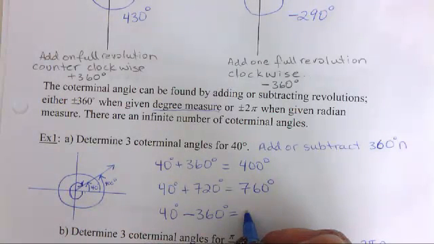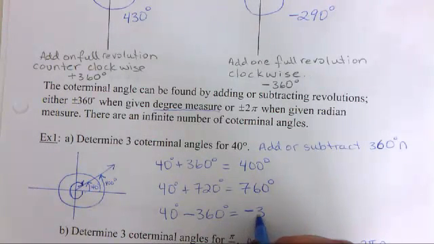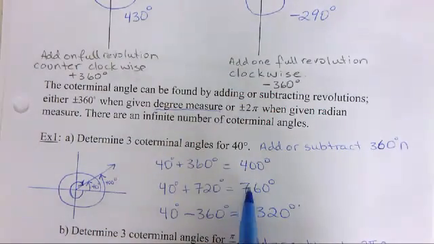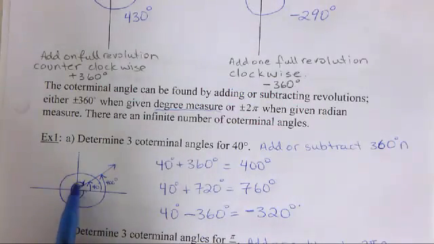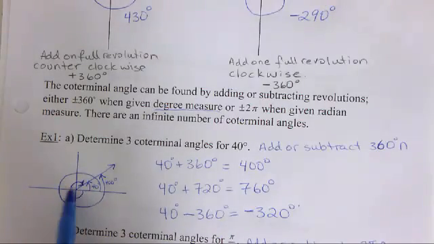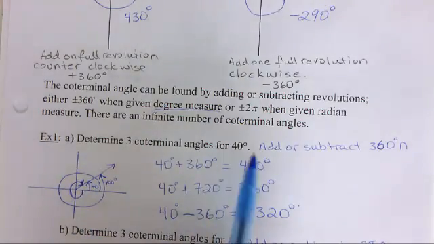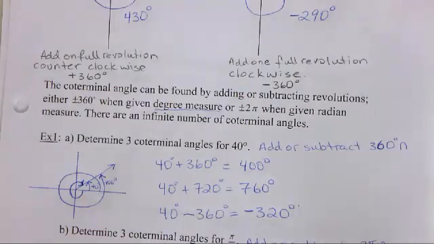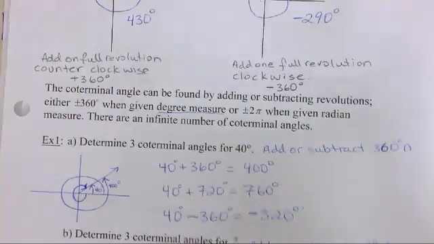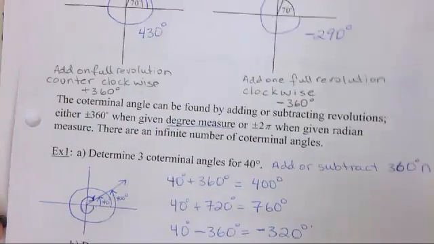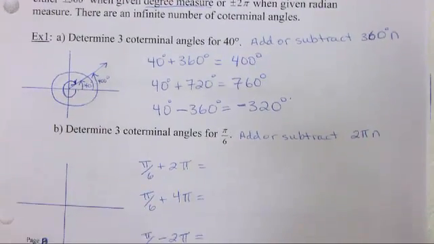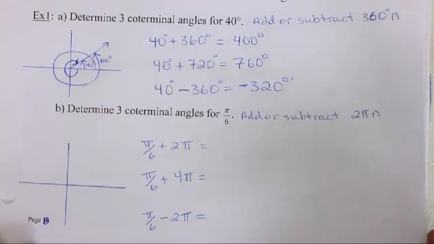So that's going to be negative 320 degrees. All right, so all of these numbers, all of these arcs that are shown here, I didn't show this one here, but these other ones, they all are coterminal to 40 degrees, which means that they have the same terminal arm.